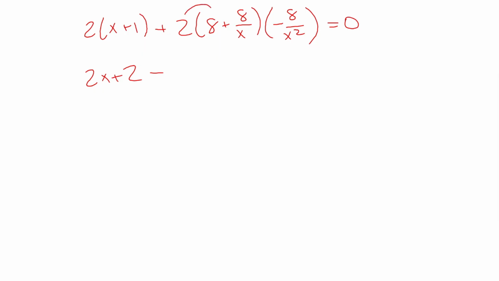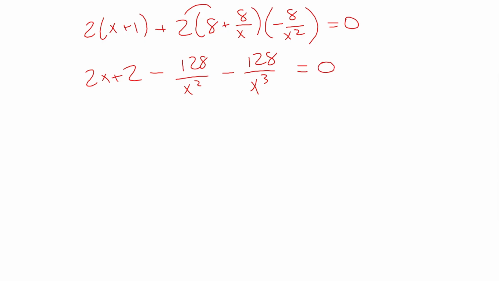2 times 8 is 16, and 16 times 8 should be 128. So we're going to have minus 128 over x squared, and then 2 times 8 over x is positive 16 over x, and then with the minus 8, that'll be minus 128 over x cubed. And so we want to know when does that equal 0.